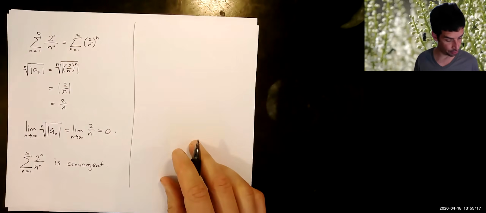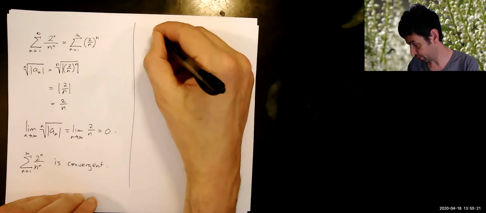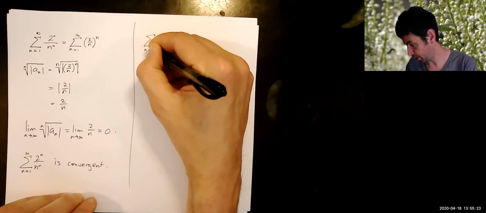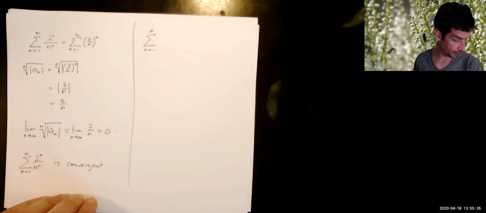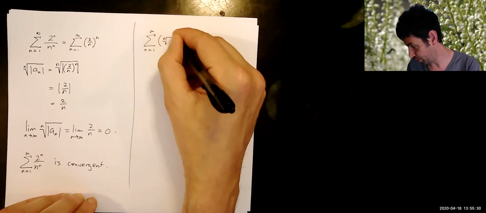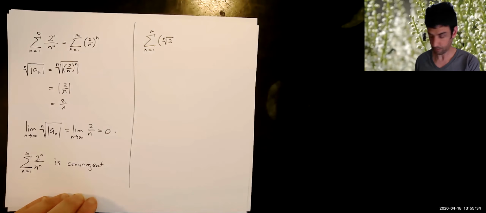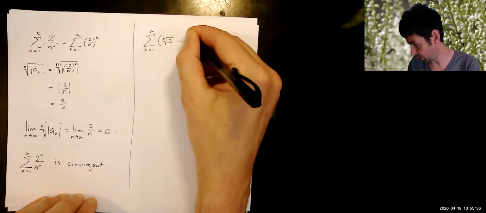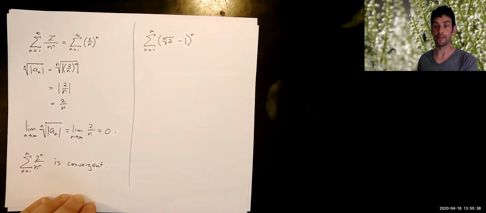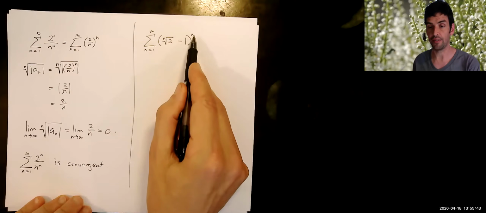All right, let's do one more example. Let's do an odder looking series. We have n equal 1 to infinity of the nth root of 2 minus 1, to the n. Okay. Again, we see that we have an exponent of n.